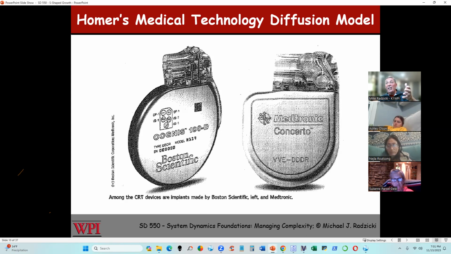So Jack is saying, when he set out to do this work, my model of medical technology diffusion should be able to explain any medical technology that diffuses into the marketplace, not just one particular instance. So he gathered data on two very different medical technologies, cardiac pacemakers and the drug clindamycin, an antibiotic. Very different, and very different time shapes.